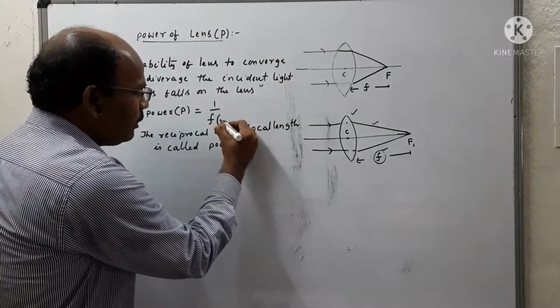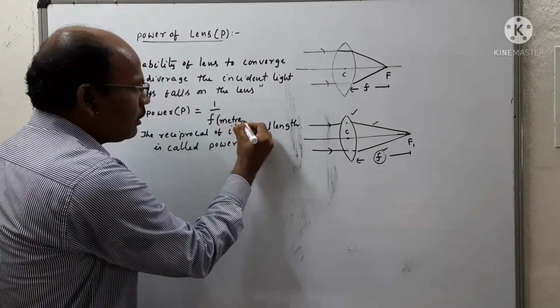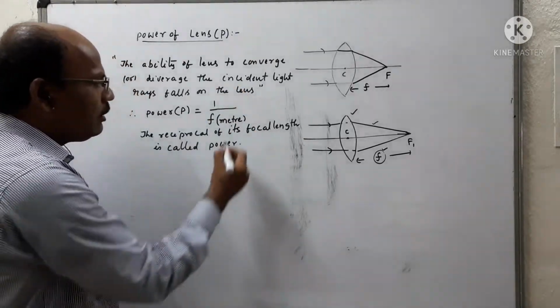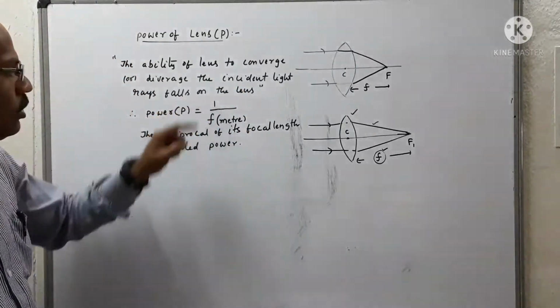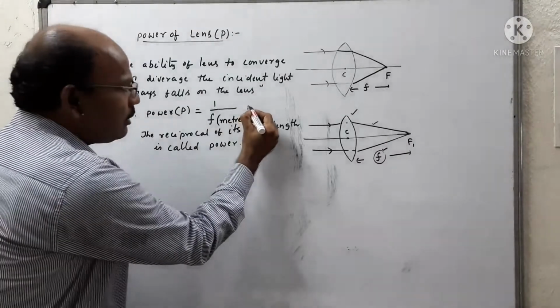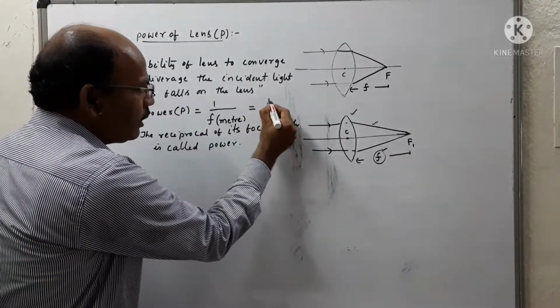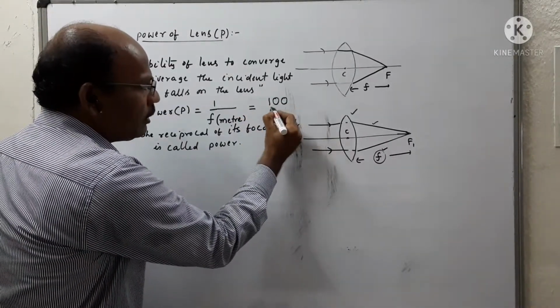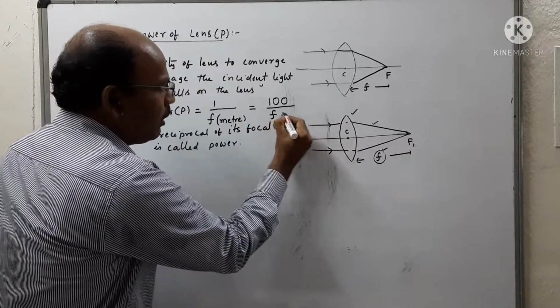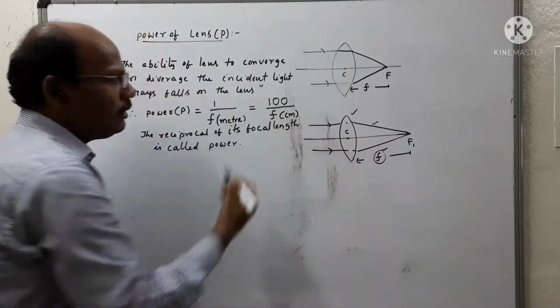If the focal length is measured in meters, then power is equal to 1 by F. If the focal length is given in centimeters, then it is converted, so power is 100 by F in centimeters.